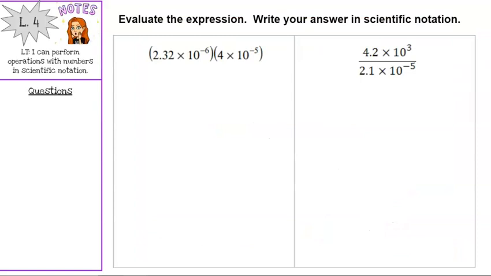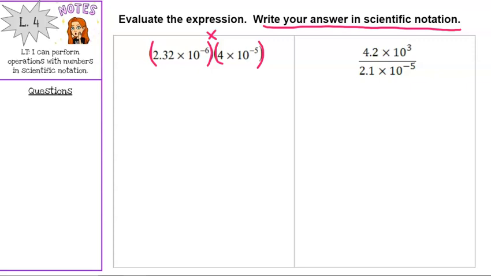We are going to be performing some operations with scientific notation, and our goal is to write our answer in scientific notation. So what we are going to do is multiply like things. We have two numbers in scientific notation being multiplied together.